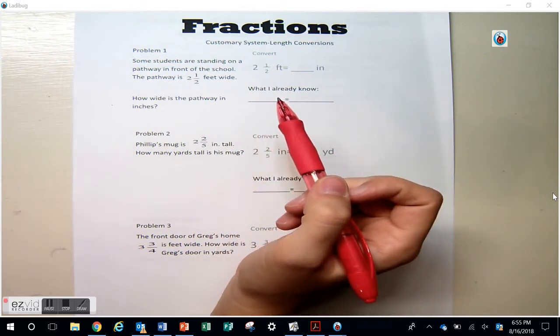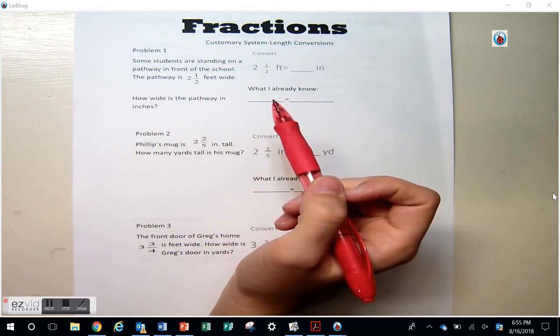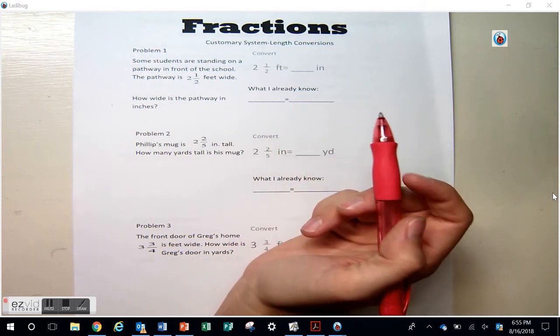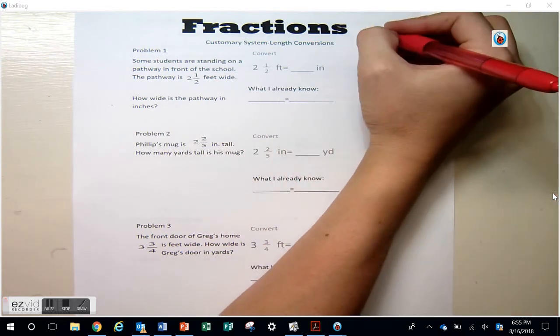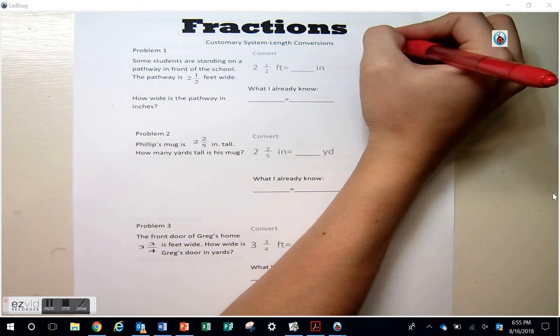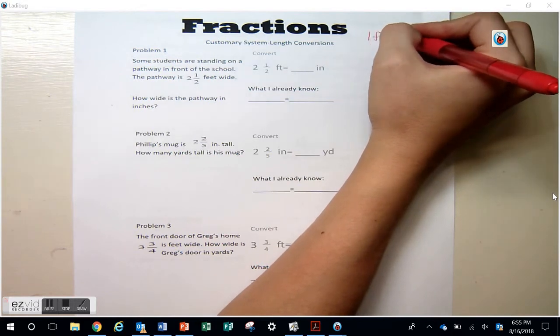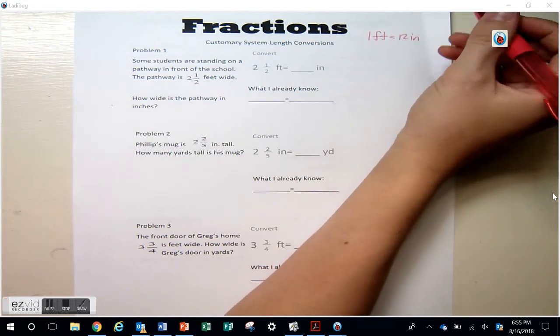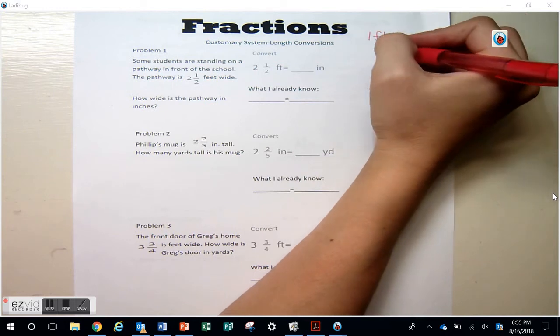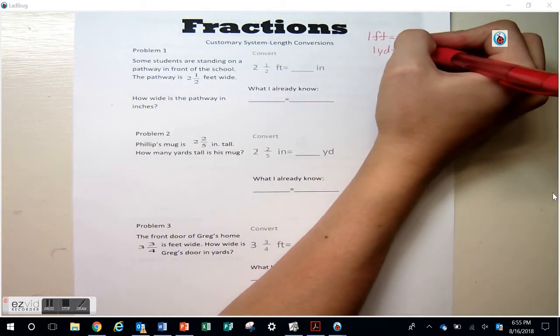all that good stuff. So things that we might already know, we might know that 1 foot equals 12 inches. We might know that 1 yard equals 3 feet.